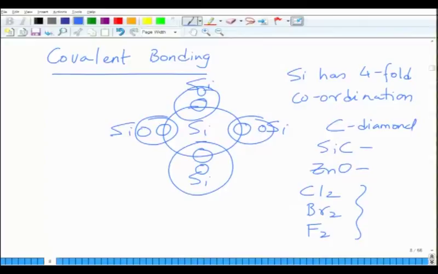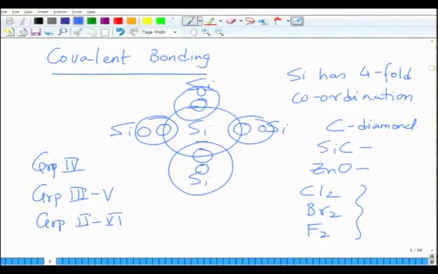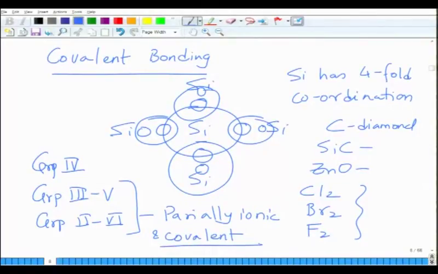Group 4 elements, group 3,5 semiconductors and group 2,6 semiconductors tend to have very strong covalent character. These also have ionic character, but they are partially ionic and covalent.